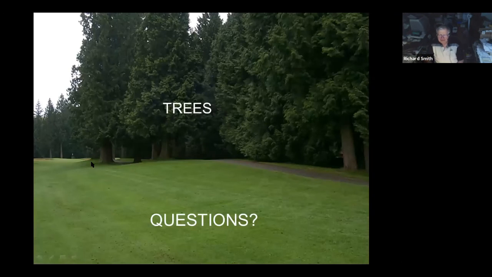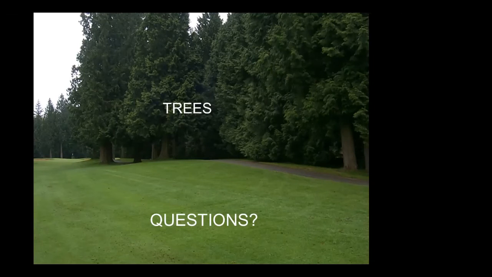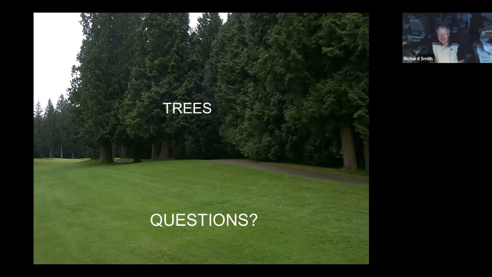Questions about trees? Yes. Is the rating more about how much they will come into play versus how difficult they are to recover from? Well, how likely they are to come into play, essentially.